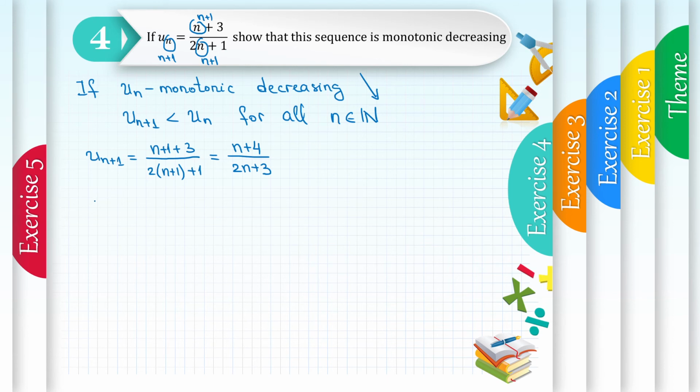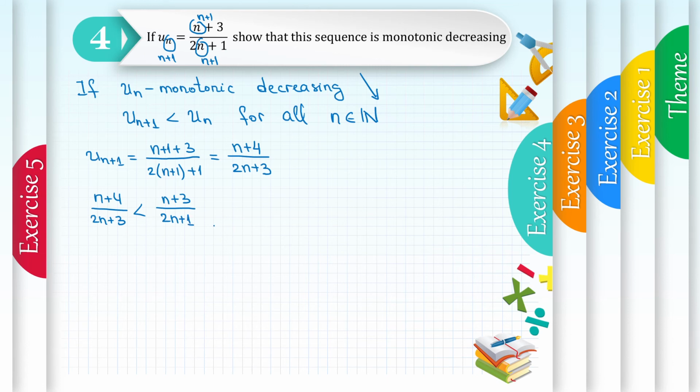So next we have to prove that (n+4) over (2n+3) is always less than (n+3) over (2n+1).